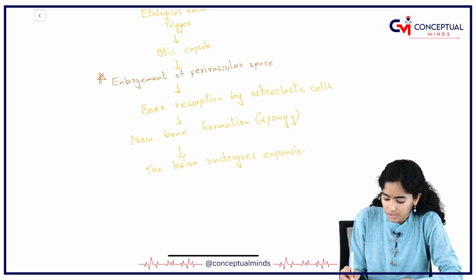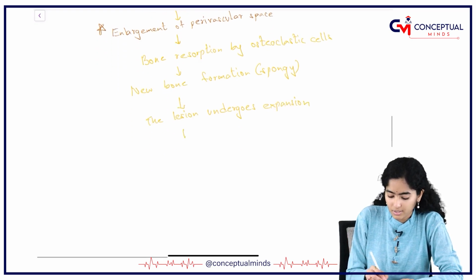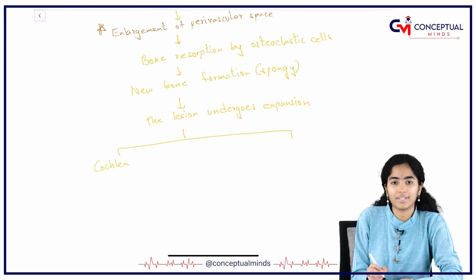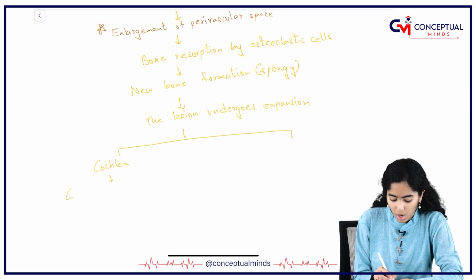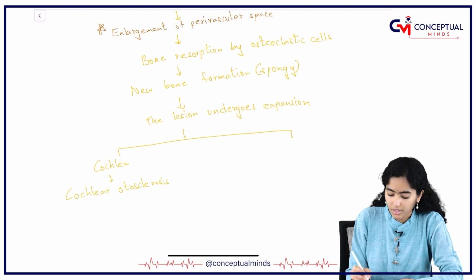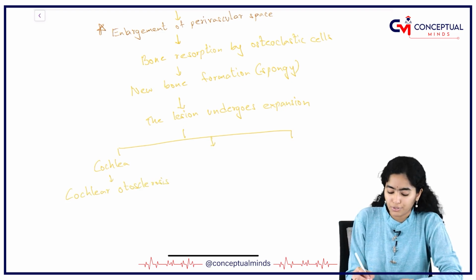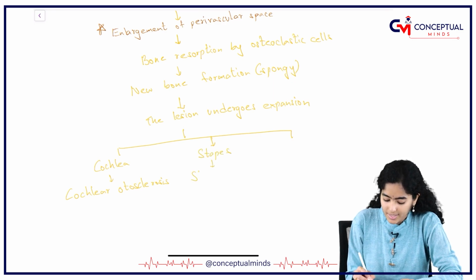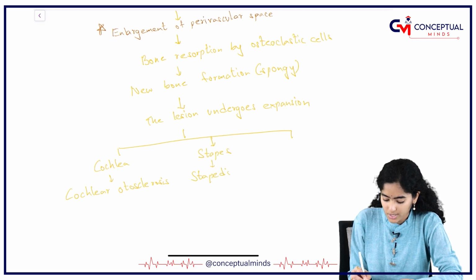If it involves the cochlea, if it goes inside into the bony labyrinth, we call it cochlear otosclerosis. If it involves the footplate of stapes, we call it stapedial otosclerosis.